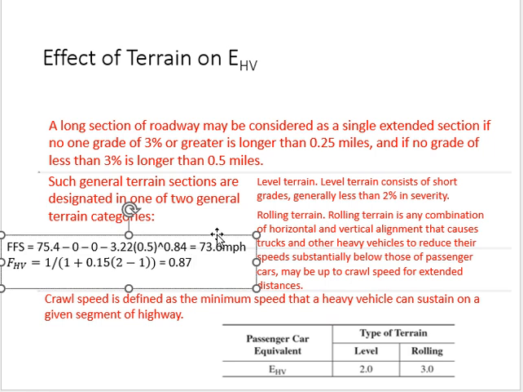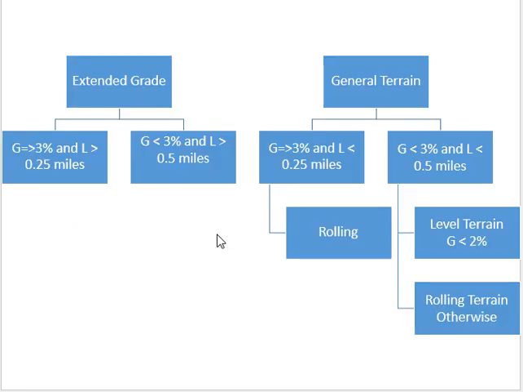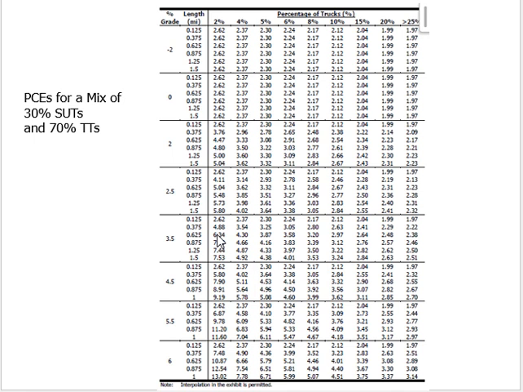Then the next condition was 4.5% upward and downward. Now I need to check the percentage of single unit trucks and trailer trucks. It's written in the question. How much is it? 30 is single unit trucks, right? So this one. Everybody with me up till now?